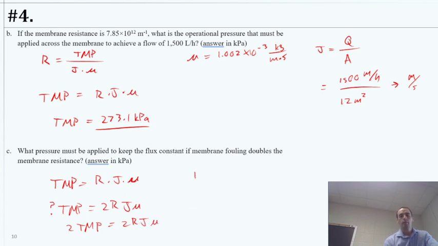So really, without doing any of the actual calculations, of course you could just go back in your calculator and put the numbers in again and get it. But really all you have to do is double the 273 to get 546.2 kilopascals.